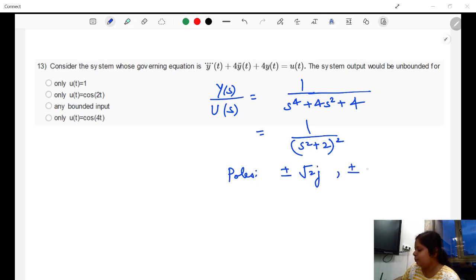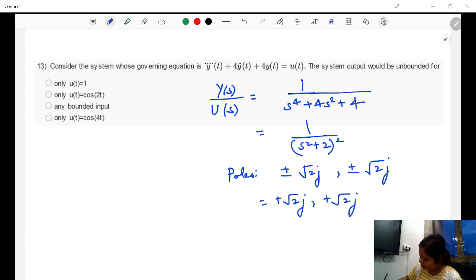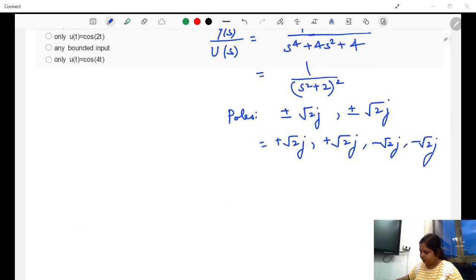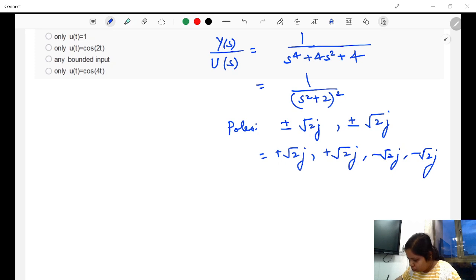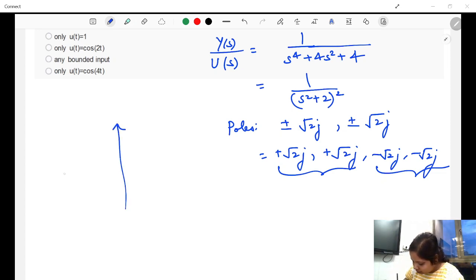I'll write it once more because there are 4 poles, so we have 2 poles at plus root 2j and 2 poles at minus root 2j. Now, see these two poles are the same. Where are they placed in the s plane?